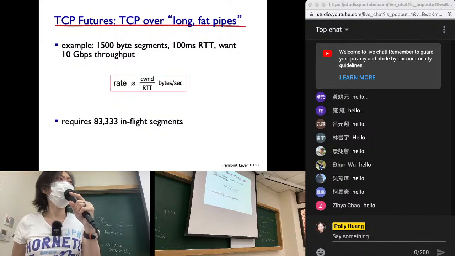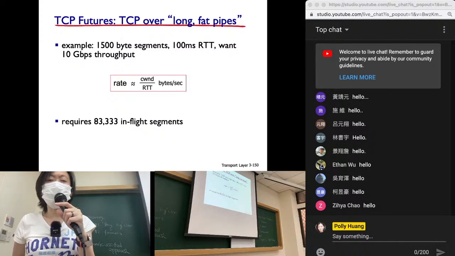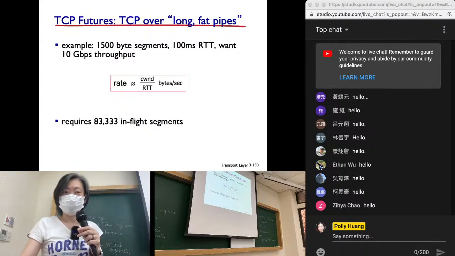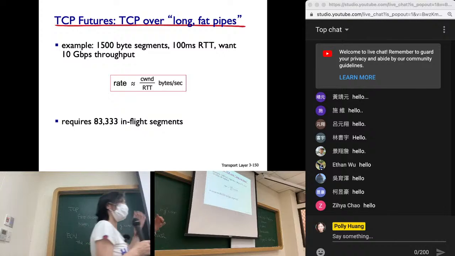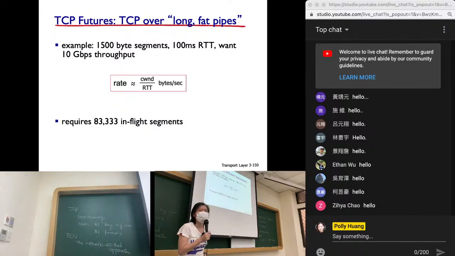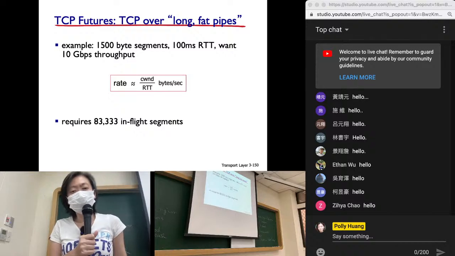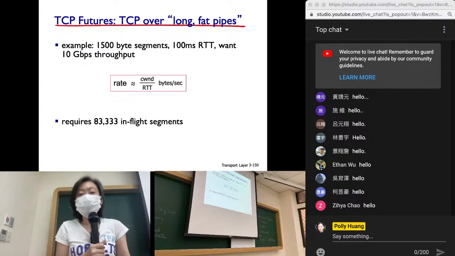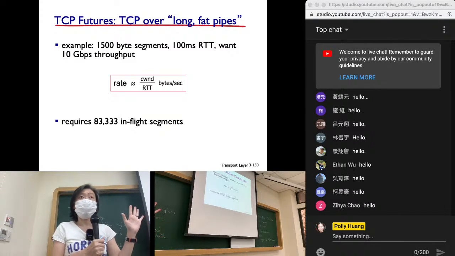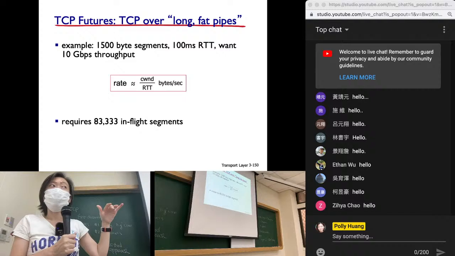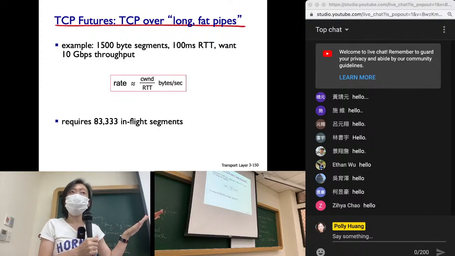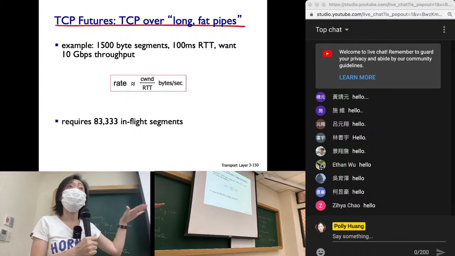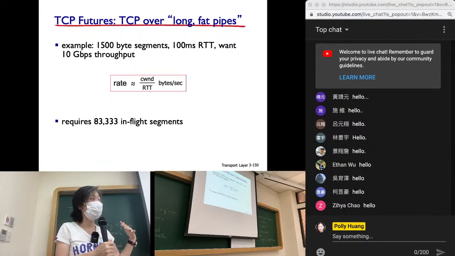Do you see a problem here with really, really high number of packets in flight? The sender sends packets, but can the sender just leave the packets alone after they send? They cannot yet. They actually need to keep these packets until the acknowledgements for these packets arrive, isn't it?